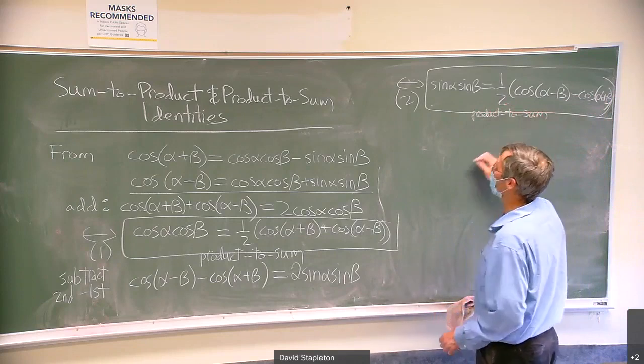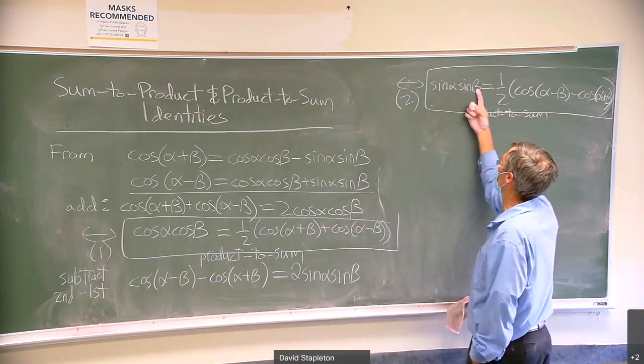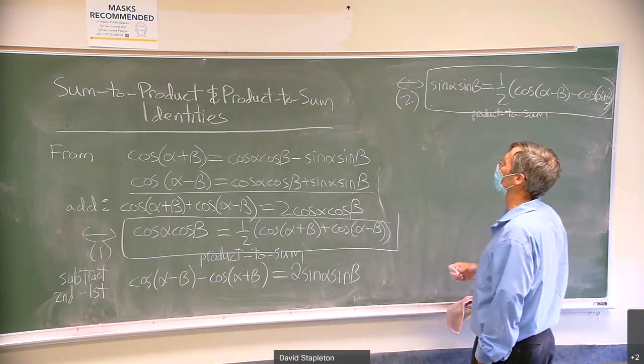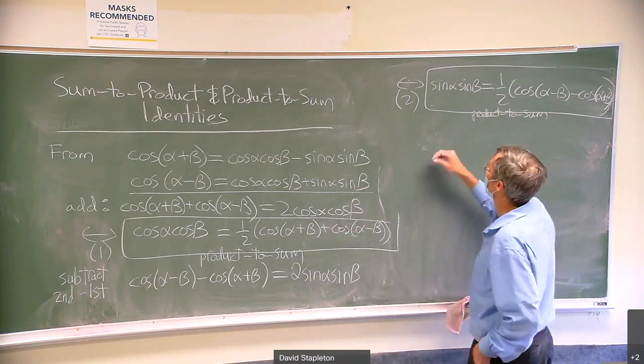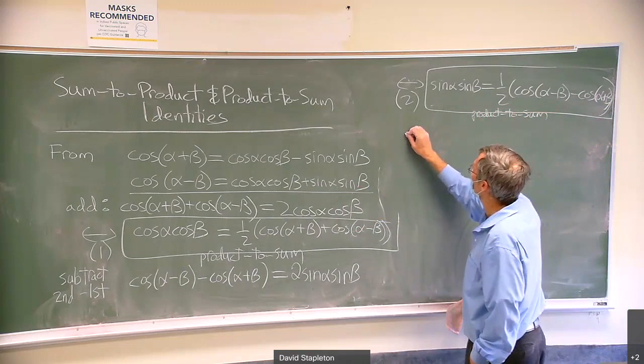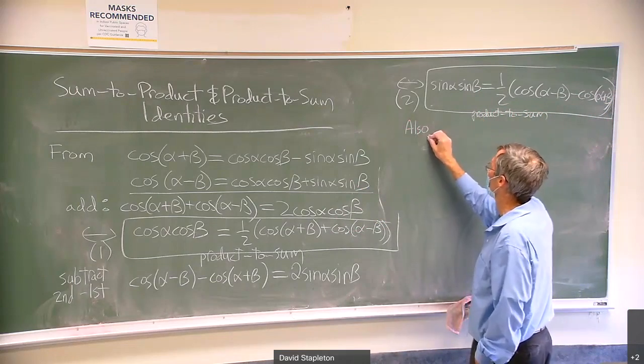And we want one more, because here we have cosine times cosine converts, sine times sine converts. What if we have a sine times a cosine? So we'll look at that. Also, we have some sum and difference identities for the sine function.